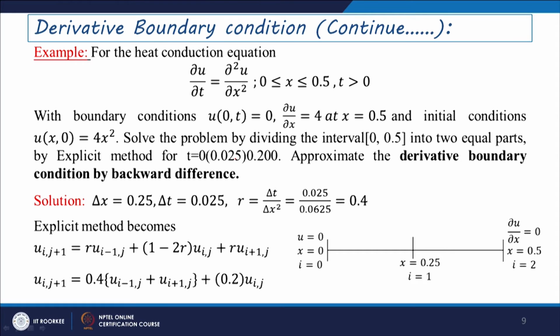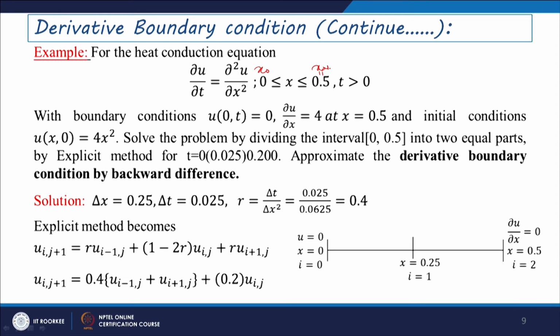So for the heat conduction equation, consider del u by del t equals del square u by del x square, where x lies between x0 equals 0 and xn equals 0.5, for t greater than 0, and the initial condition is given as u of x, 0 equals 4x square.